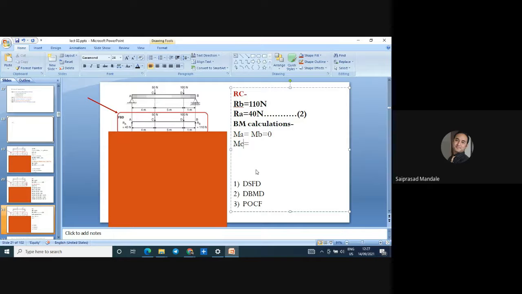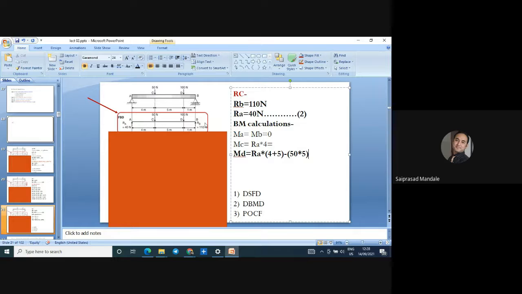Now moment at C. Here it is RA into distance, which is 4. We know the value of RA, so we can calculate the moment at C. Moment at D is RA into distance, 4 plus 5, then minus 50 into 5.